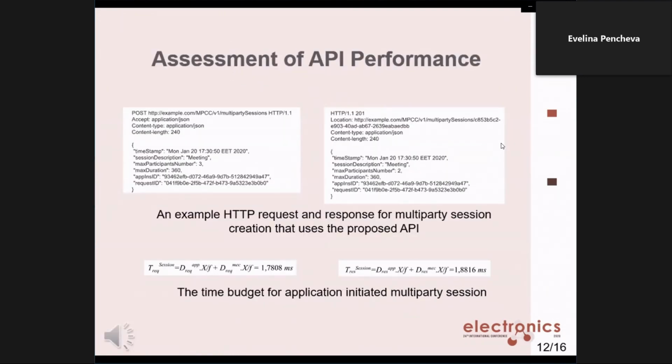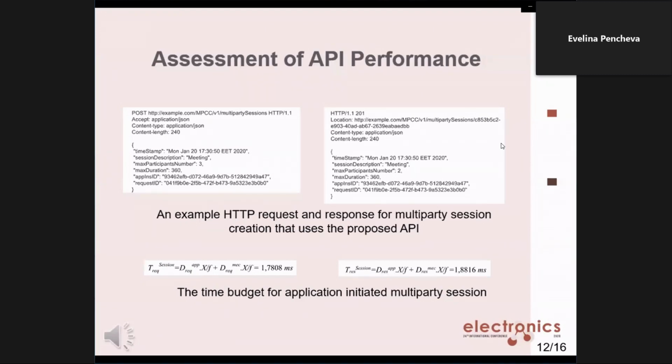One of the key performance indicators of mobile edge computing is latency, which should be defined on a per service basis. The latency is evaluated for API requests for session creation and for API requests for participant managing.